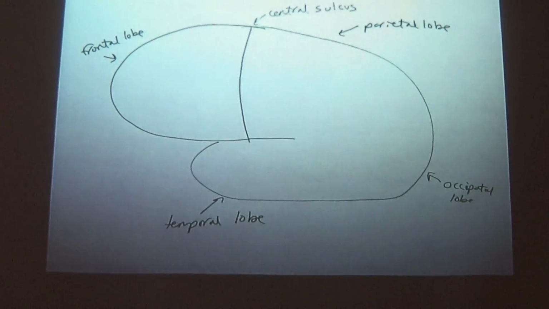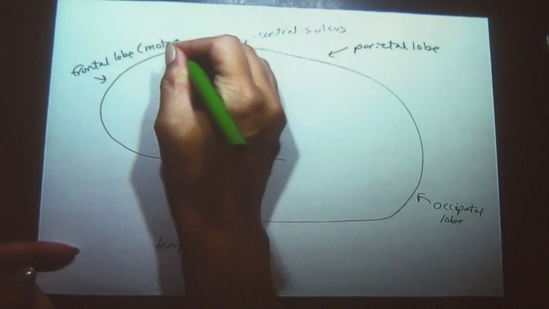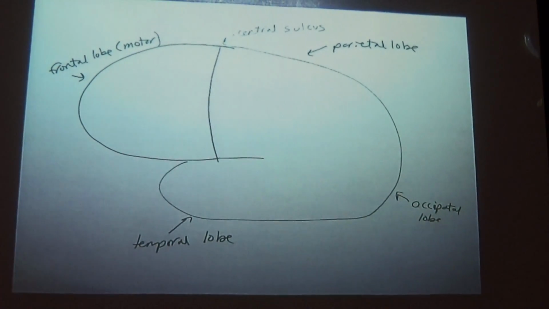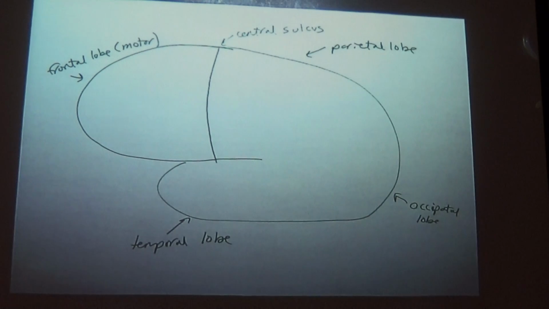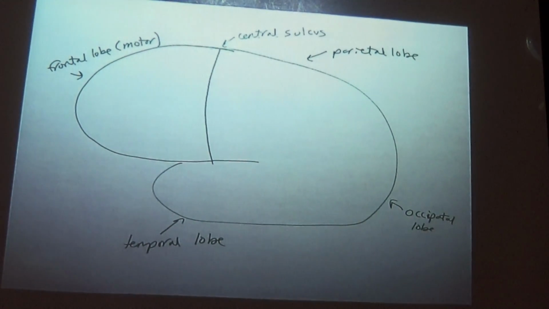So the frontal lobe is all for motor stuff. So this is all efferent stuff going on. And all the others are for sensory of some kind.